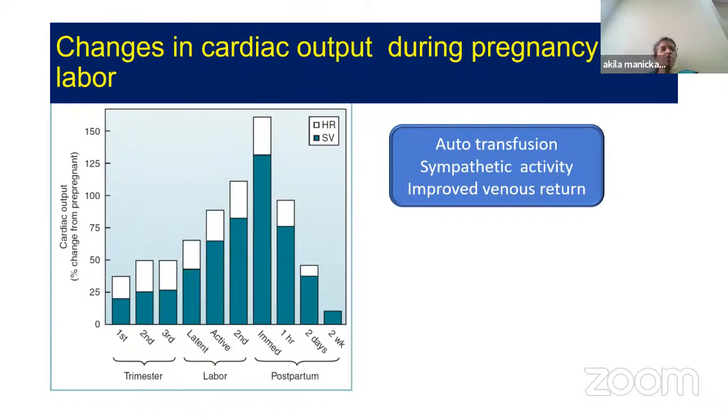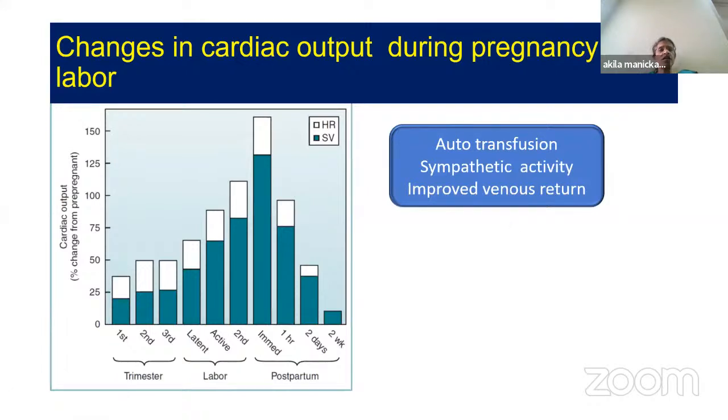In addition, once the baby is born, the aortocaval compression is released and there is improved venous return. So increased venous return, enhanced sympathetic activity, and your blood volume increase, all these push your patient into a very high state of blood volume, and a high state of capacitance is needed.